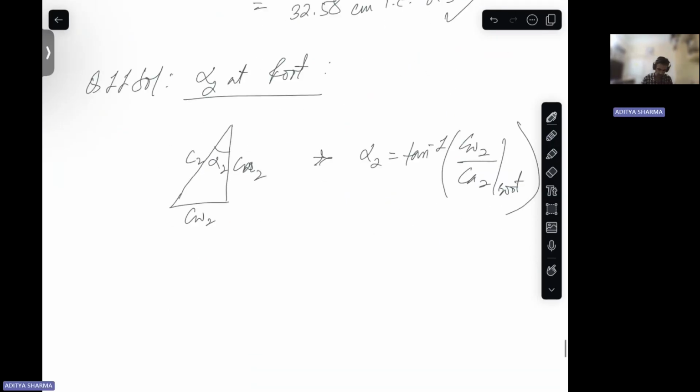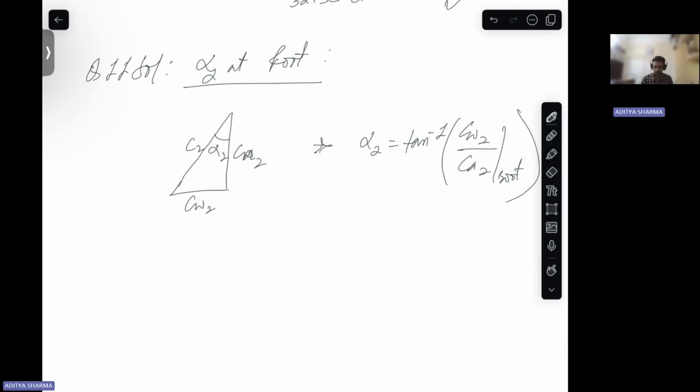Yes. Right. So now we need to calculate CW2 at root and CA2 at root.